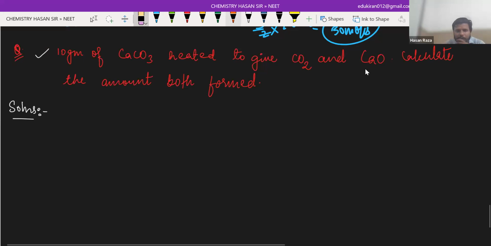Okay, and CO2. Four gram. What is it? Four gram. Okay, I'll just check it.